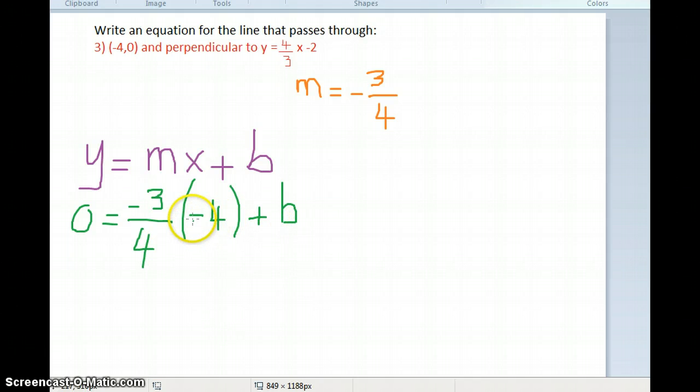Now whether you're doing y equals mx plus b or you're doing point slope form, either way is fine, but I noticed that most students got caught up on the multiplication. So notice that since we're multiplying fraction times a fraction, cross-canceling is allowed.